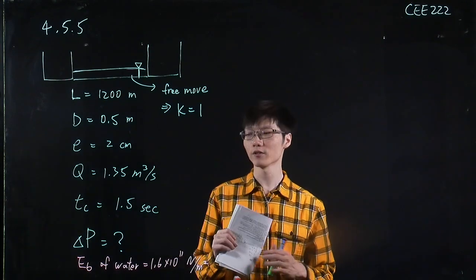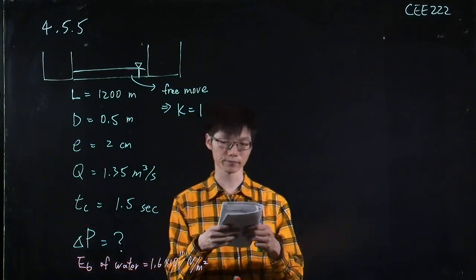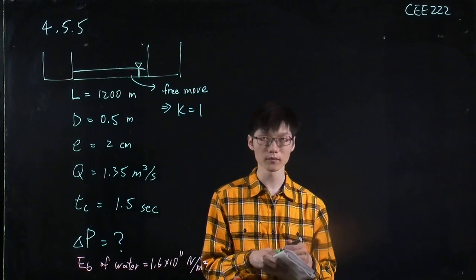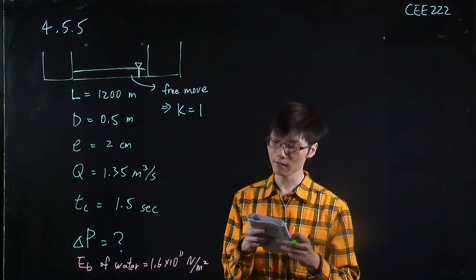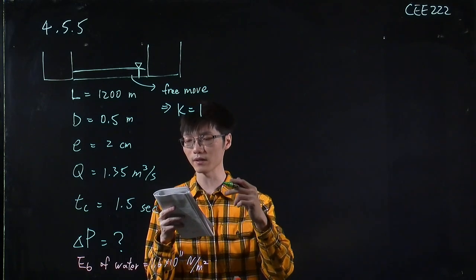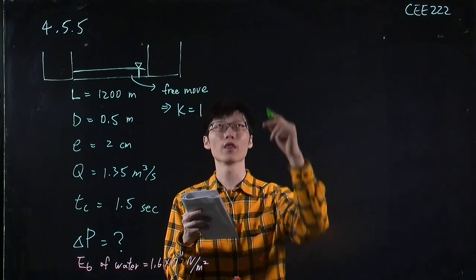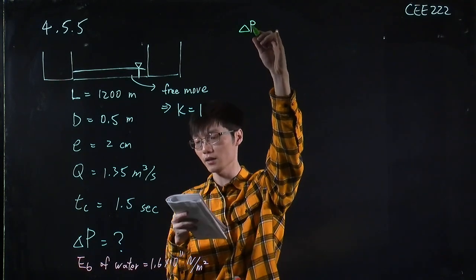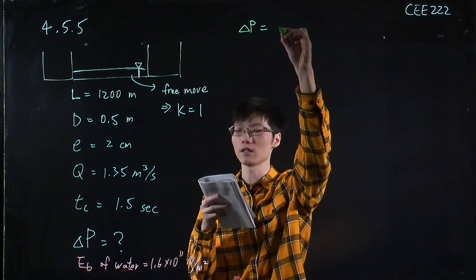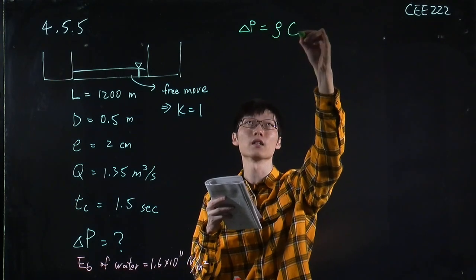Okay, so now let's try to solve this delta P. From the textbook, we know that if this is the rapid valve closure, then this delta P can be calculated using this equation.